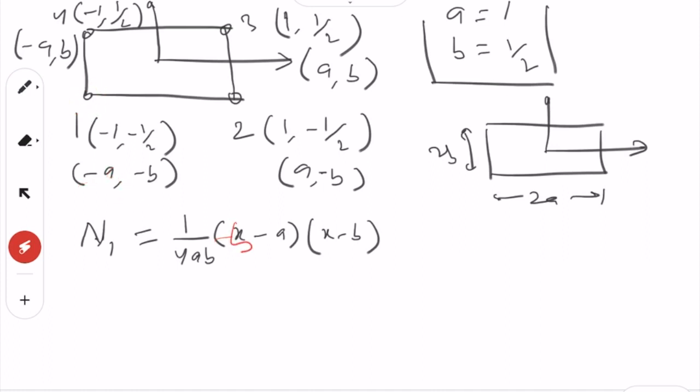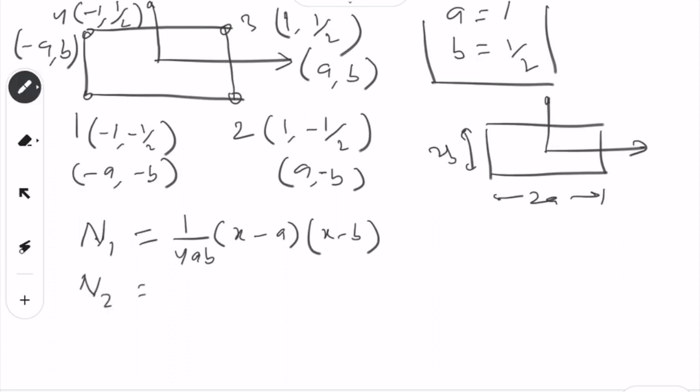Put minus A, minus B, so minus 2A multiplied by minus 2B, which is 4AB, and 4AB by 4AB is equal to 1. So n1 will be 1 at this node. This is n1.